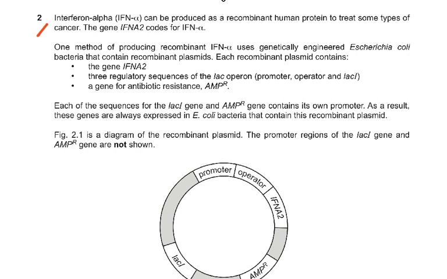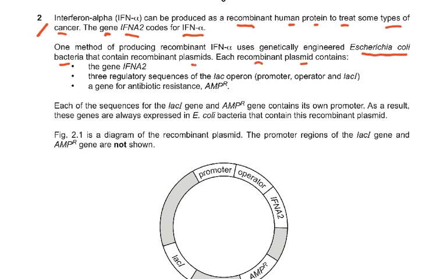Interferon alpha, IFN alpha, can be produced as a recombinant human protein to treat some types of cancer. The gene IFNA2 codes for IFN alpha. One method of producing recombinant IFN alpha uses genetically engineered E. coli bacteria that contain recombinant plasmids.